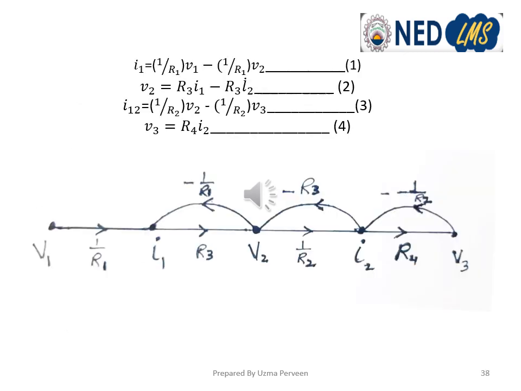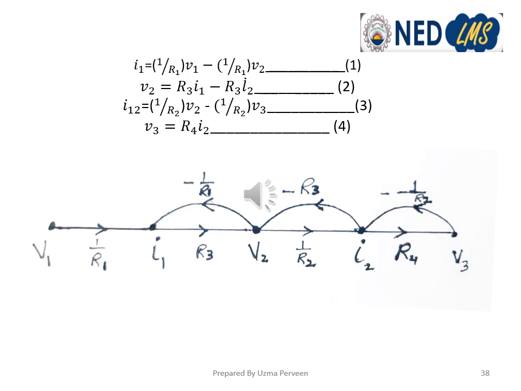Then by using these equations, we'll make a simple signal flow graph. We can easily draw the signal flow graph. I hope you remember that in the previous lecture we constructed a signal flow graph from equations. So in the first equation, I1 is output. It has two branches, from V1 and V2. So first branch, I1 equals 1 upon R1 V1.